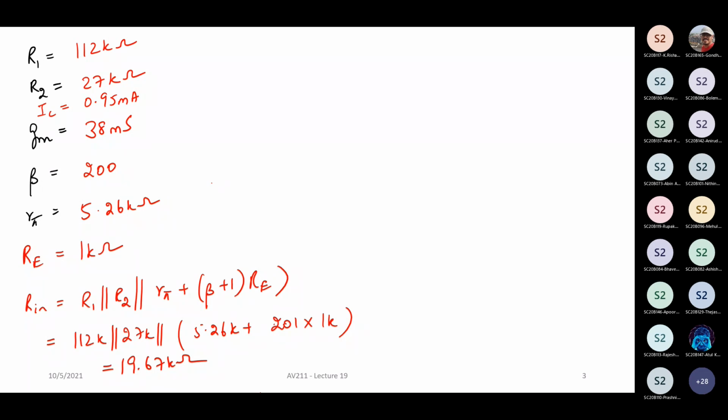Yes, sir. This is your input impedance. Now the capacitor C1, what did you take? 1 microfarad, right? Yes, sir. The f3dB, because of the first pole, is going to be 1 by 2 pi Rin C1. Now how much does that work out to be?